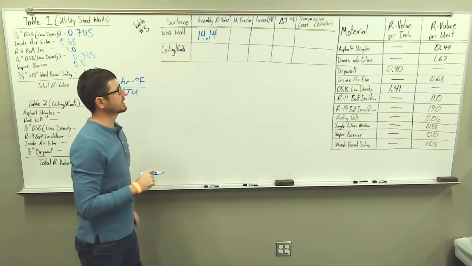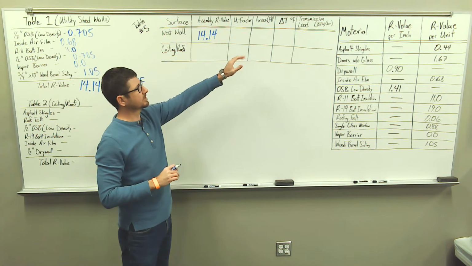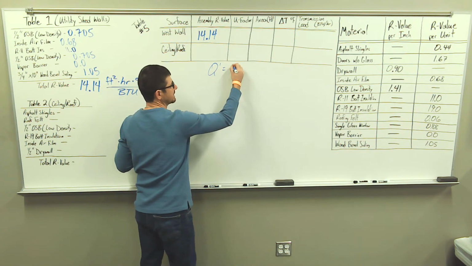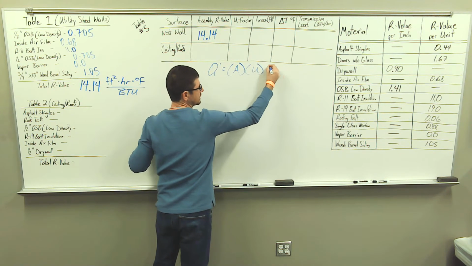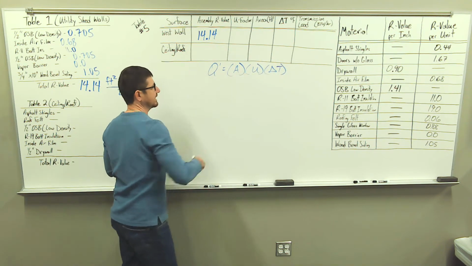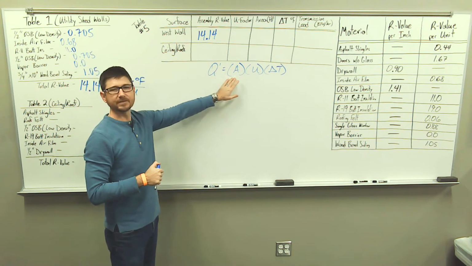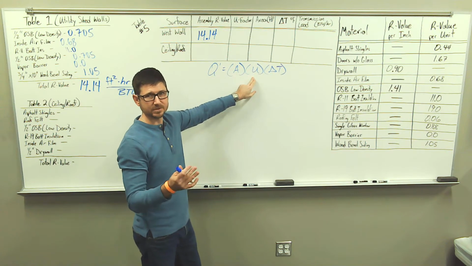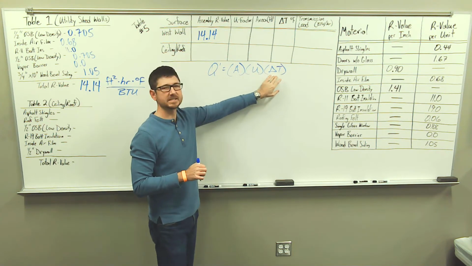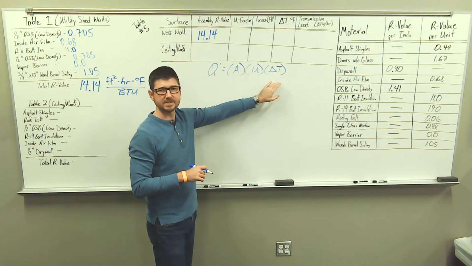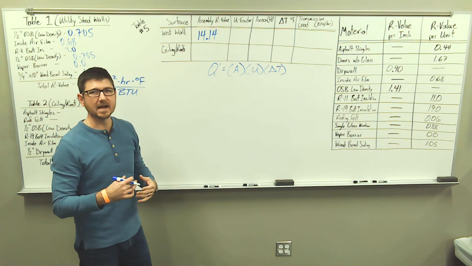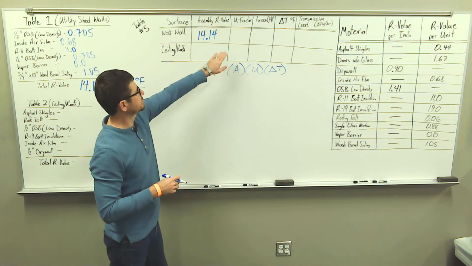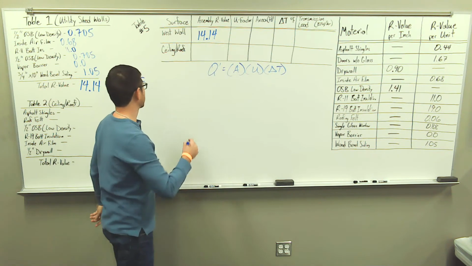Now it wants us to calculate the U factor. To calculate the total transmission load, we use the equation Q prime equals A U delta T, where A is the area in square feet of our surface, U is the U factor, which is the inverse of our R value, and delta T is the difference between the inside and outside temperature. Let's look at the U factor.